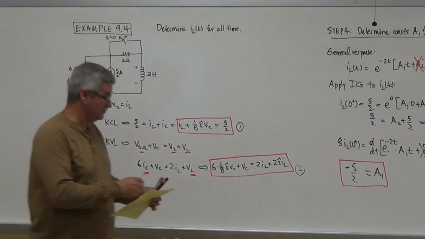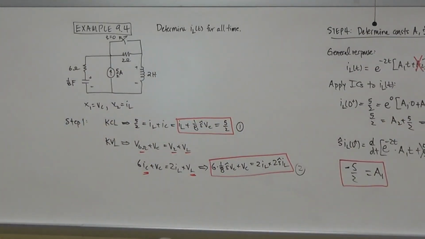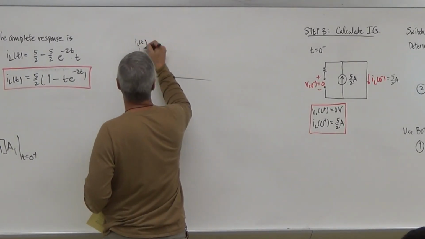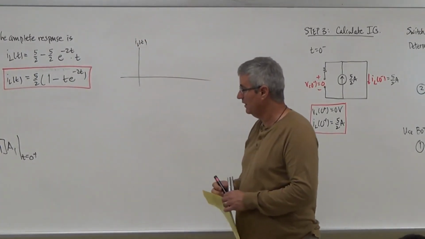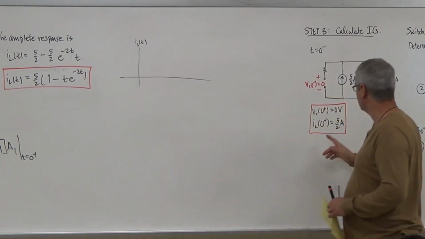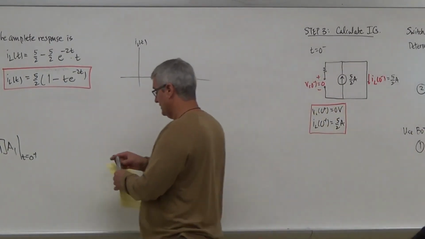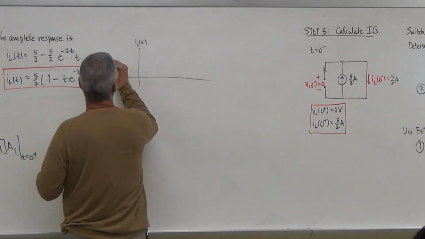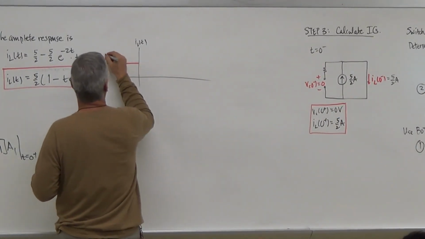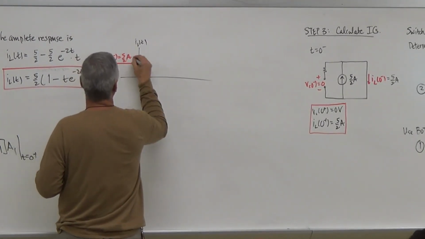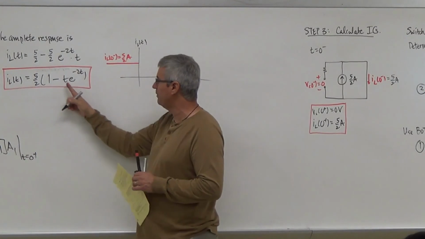So if I look at this plot here, if I plot iL of t, I'm seeing that initially this guy's coming in at what? This guy's coming in at 5/2, so iL of 0 minus is coming in at 5/2 amps, and then I suddenly get a pulse here.